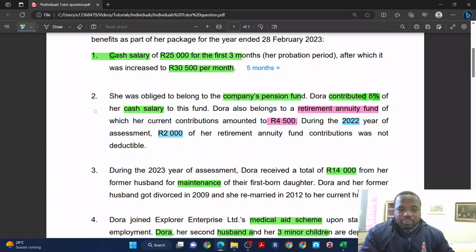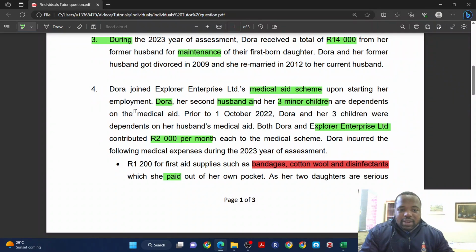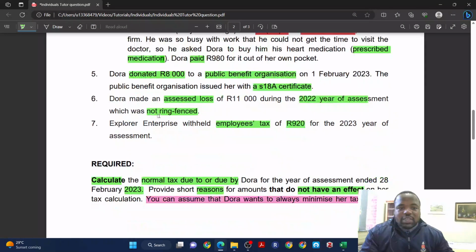Dora also belongs to a retirement annuity fund during the year, so we're not done with that. But we are done with the other item, because we've included it and exempted it in full. With this one, we need to deal with 6A and 6B.